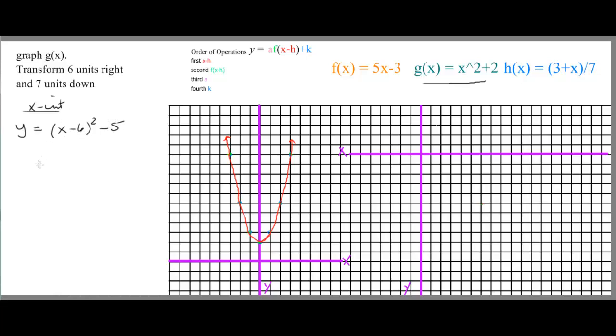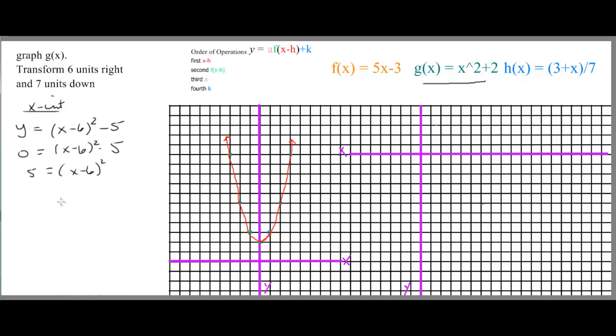To get the x-intercept, replace y with 0. Again, our goal is to isolate x, so right now 5 is being subtracted from it, so let's add 5 to both sides. And we have x minus 6 squared on this side.